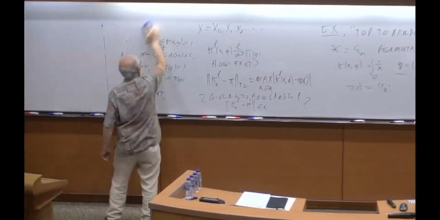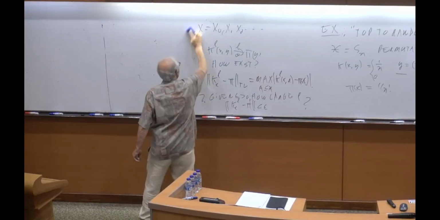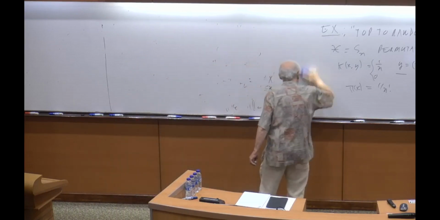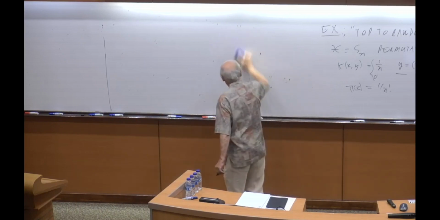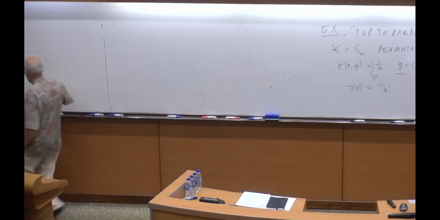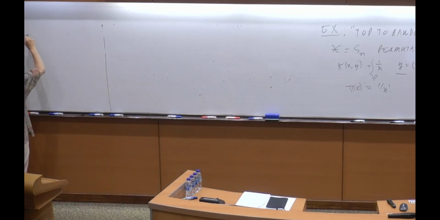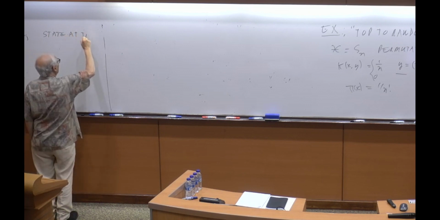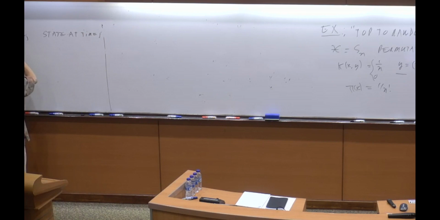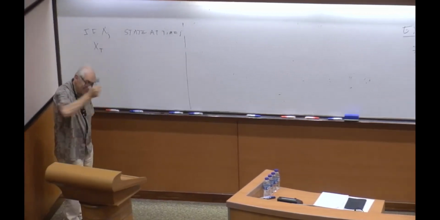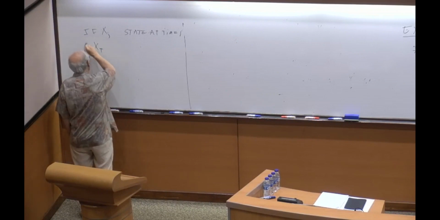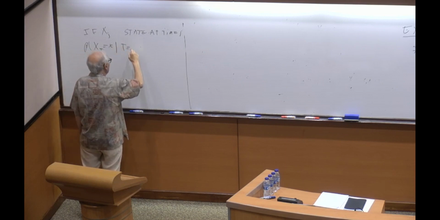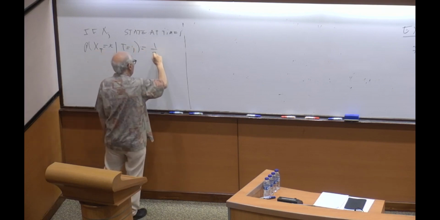And what we argued was that if Xj is the arrangement, the state of the deck at time j, then XT, the state of the deck when the ace of spades is inserted, the probability that XT is equal to any arrangement of the deck, even given T is equal to little j, is equal to 1 over n factorial.